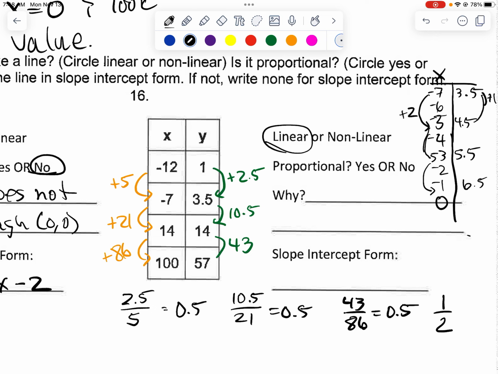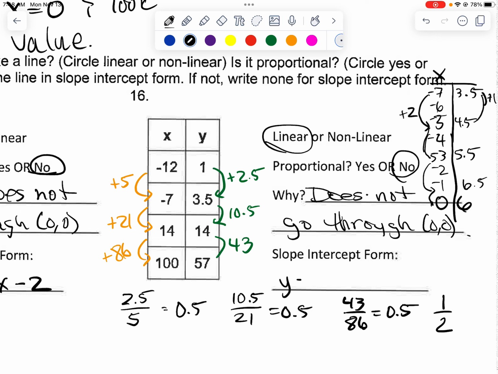Oh, this is getting higher, so no, not proportional. I should have been able to see that beforehand. And if I only go up 1, it's up a half, so that's 6. So that is y equals 0.5x plus 6.